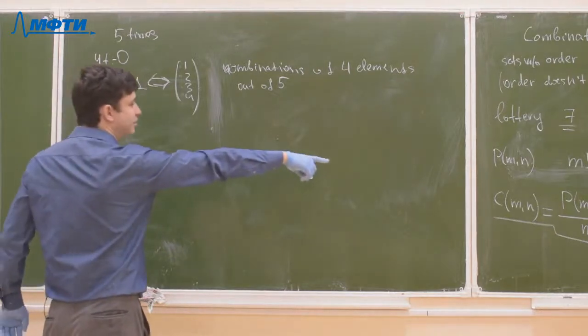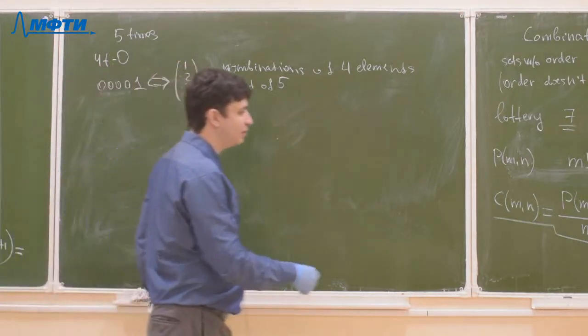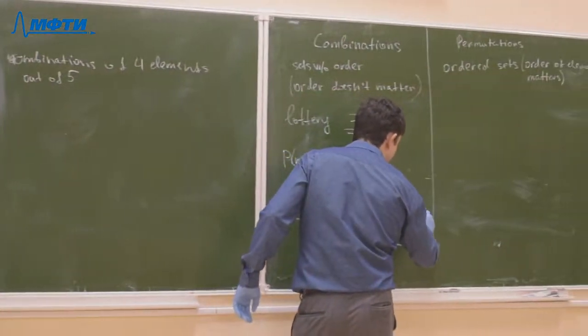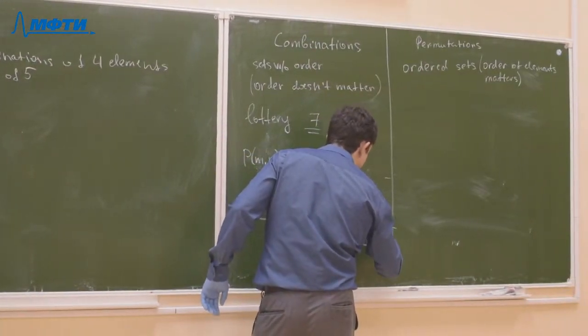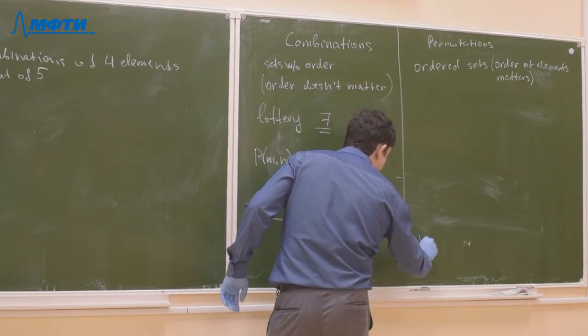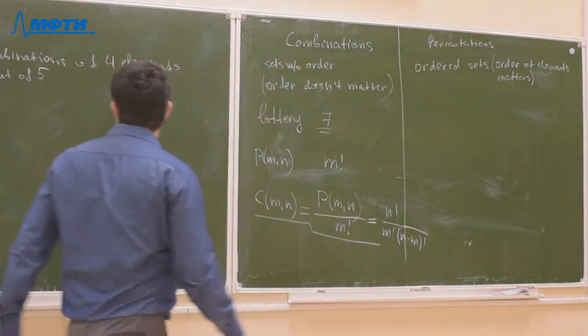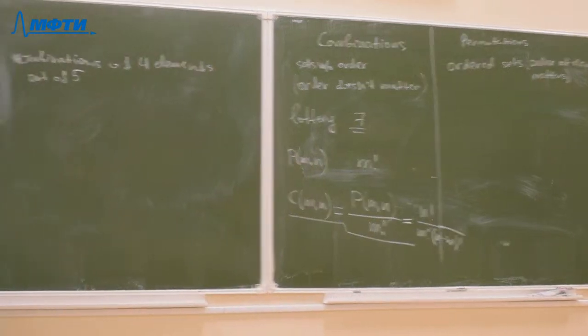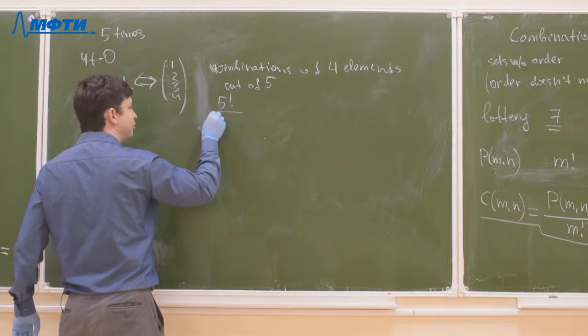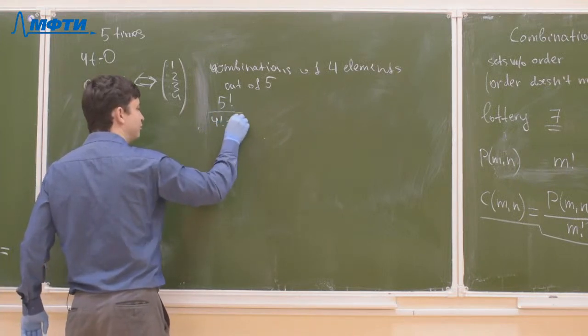I can calculate them using this formula, which I can further transform as n factorial over m factorial over n minus m factorial. Here you can write 5 factorial over 4 factorial over 1 factorial.